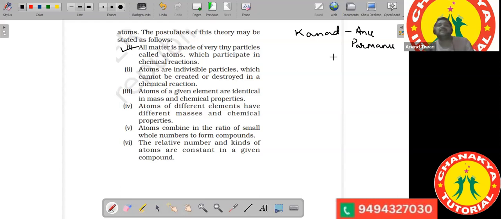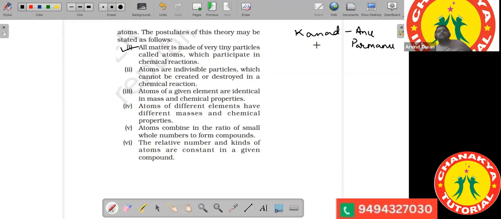We did not have any scientific proofs or experiments related to it. So here we see that all matter is made of very tiny particles called atoms.